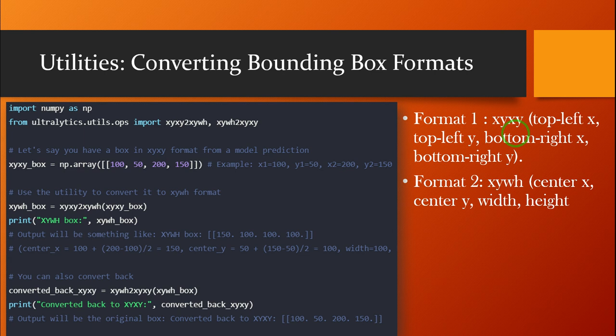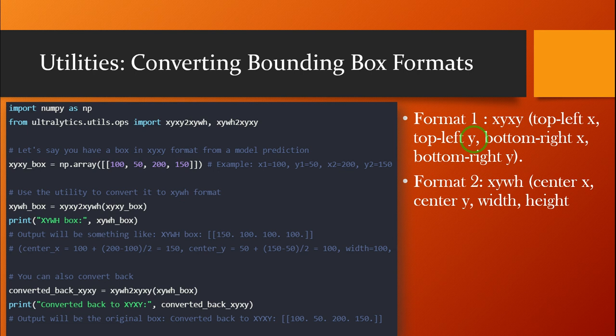In chapter 1 we talked about the model. When we run the model, it gives us the prediction results, which contain information like bounding box coordinates. We look at the bounding box in the first image, which is really a box created by using coordinates, and these coordinates can come in different formats. For example, we can have format 1 and format 2. One has top left x, top left y, which are the corner coordinates, and bottom right x and bottom right y coordinates.